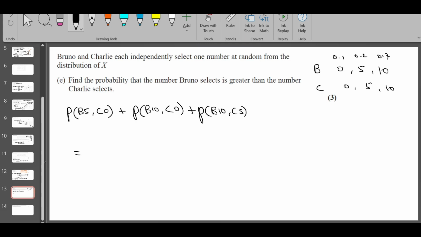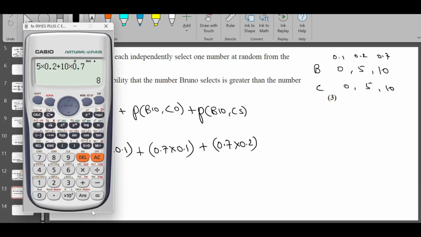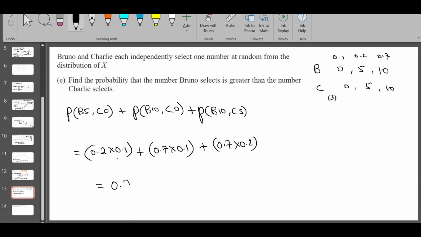So it's going to be 0.2 times 0.1, plus 0.7 times 0.1, plus 0.7 times 0.2. You will get the answer: 0.23. That's all.